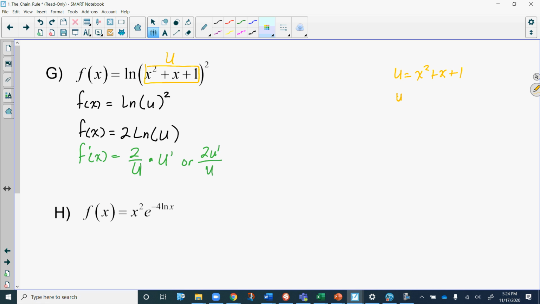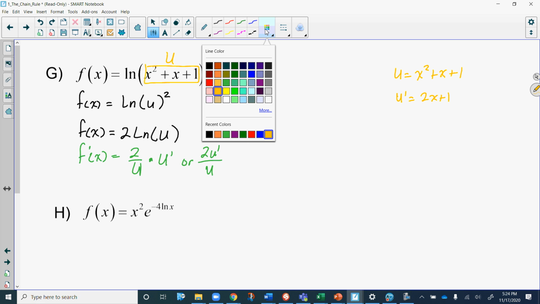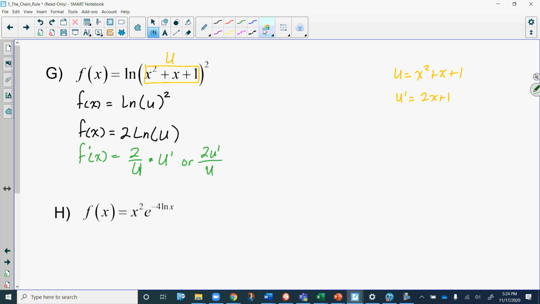That means U prime would be 2x plus 1. And so at this point, we have that U substitution where we did the derivative of the inside part off to the side. Now we can just go back and substitute those things into what we have for the derivative of function f.